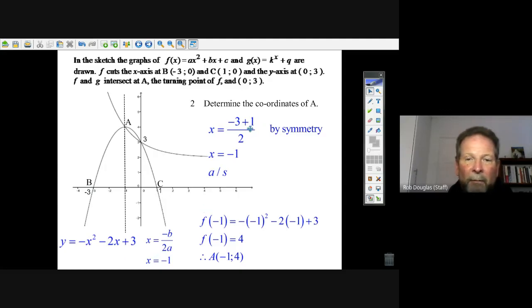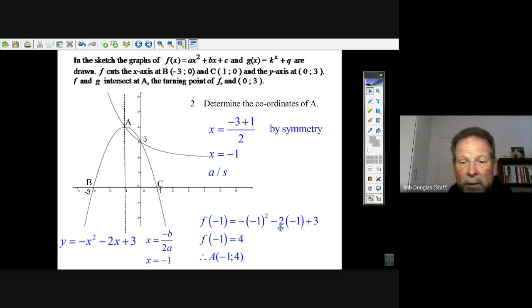We haven't quite finished the question because we've got the x-coordinate of the turning point. It's right there, minus 1. How do you get the y-coordinate? Well, take minus 1 and put it into the function. If I put it in exactly like it is, with a bracket around minus 1, and type that into my calculator, it'll give me the right answer, which is 4.